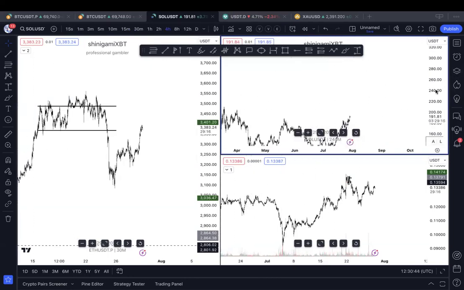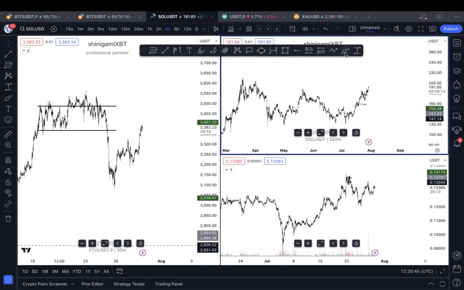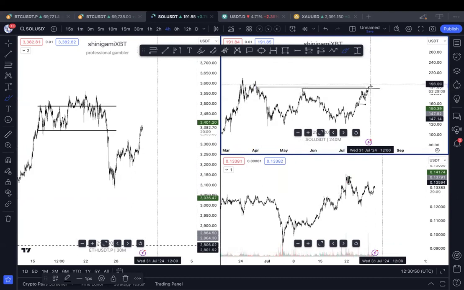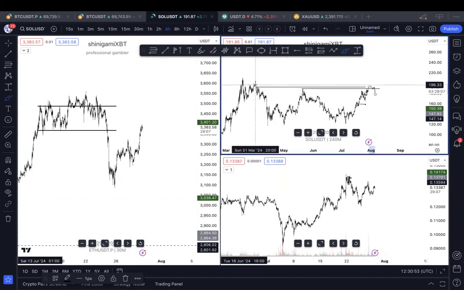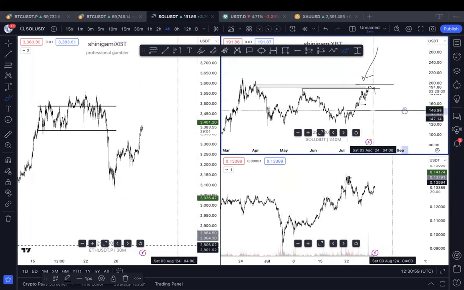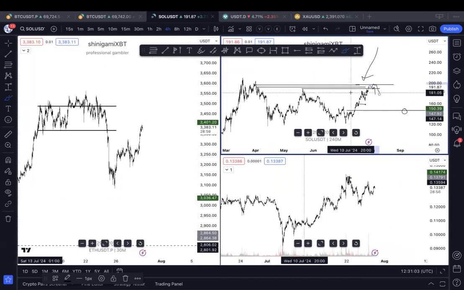My TP actually was 260, 280 for that, but if it rejects from here, it could very likely represent that this entire move up was an internal liquidity grab, and we're likely to have 150 again. So if we do reject from here, it's pretty much over for Sol.